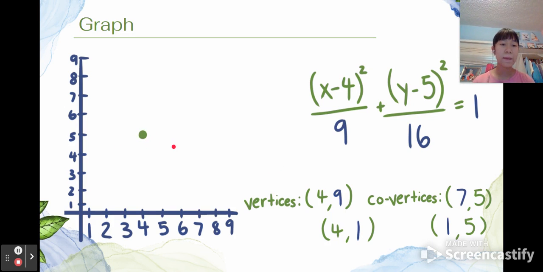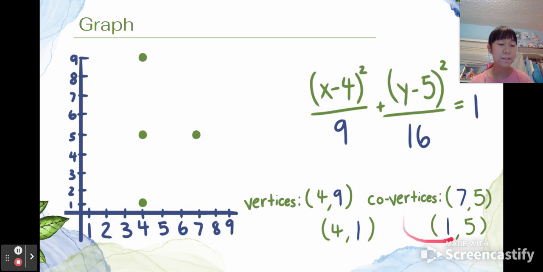Okay, so now that we've graphed the center, we're going to graph the vertices. Let's go with the vertices 4, 9 first. And then now let's go with the next vertex of the ellipse, which is 4, 1. And then now let's graph our co-vertices, 7, 5. Let's go up to 7, 5.